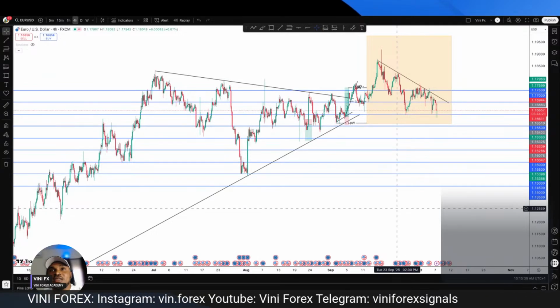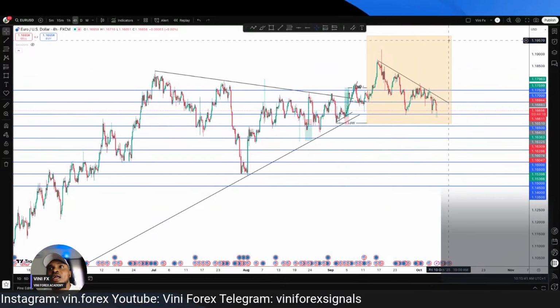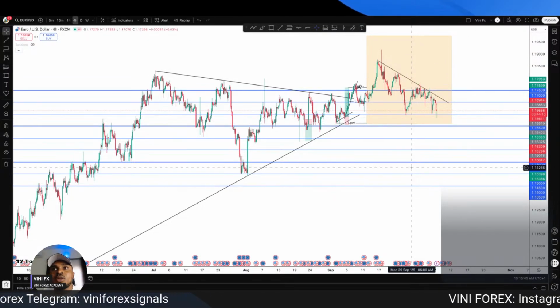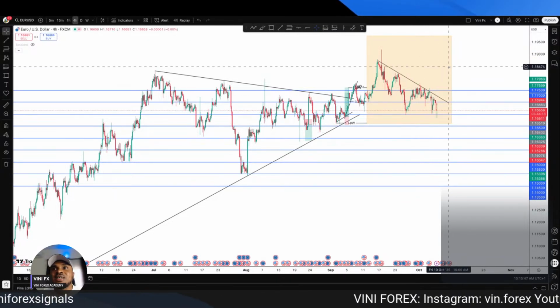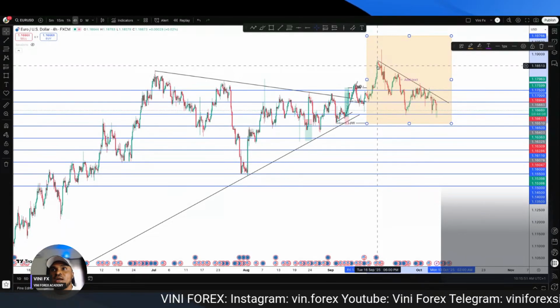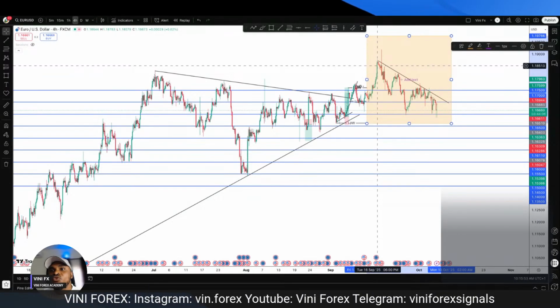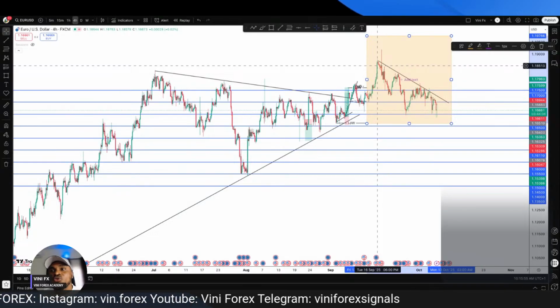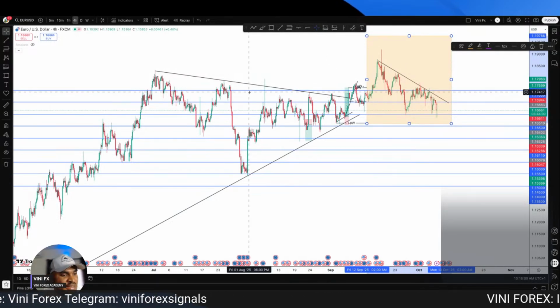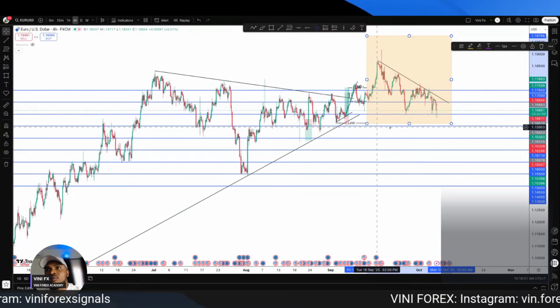I am a day trader, and that is why the end point of this chart being this right now is important to me. What is the market doing now? The market is trending to the downside. Okay, and it started doing that since the 25th of September. Today's date is October 7th.